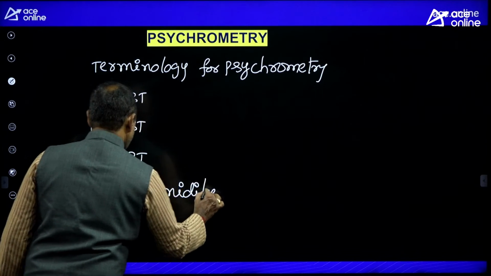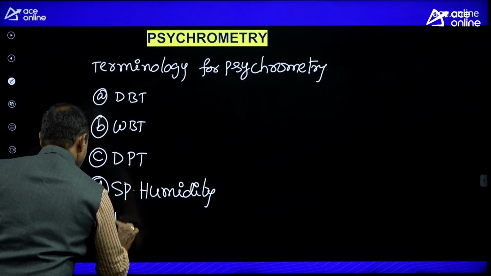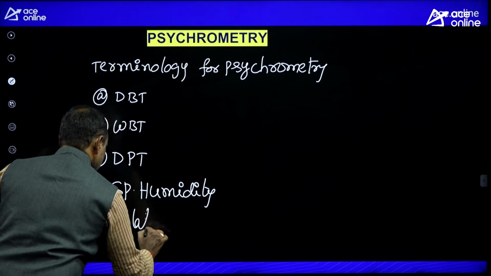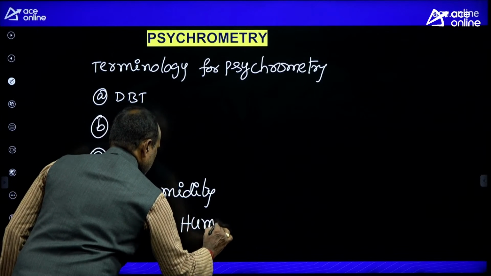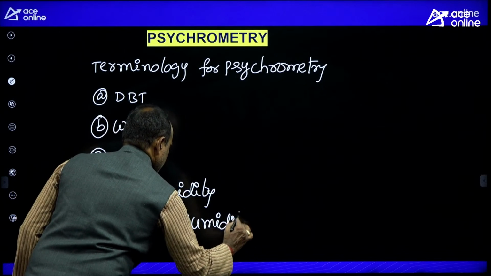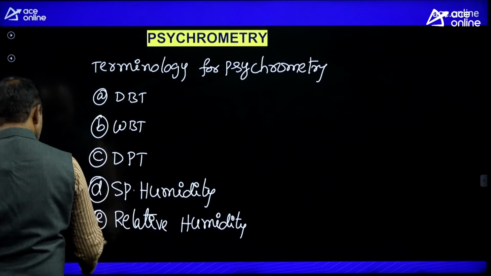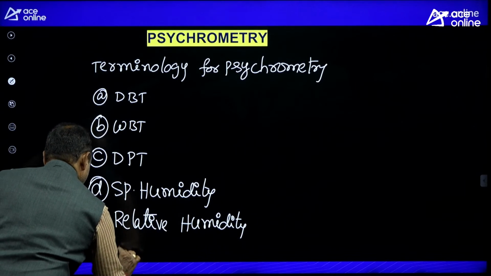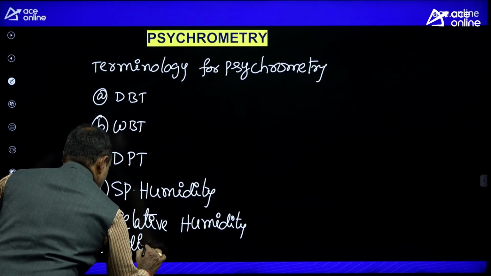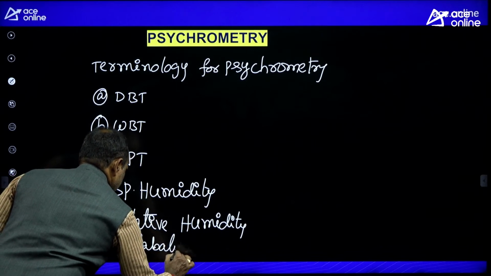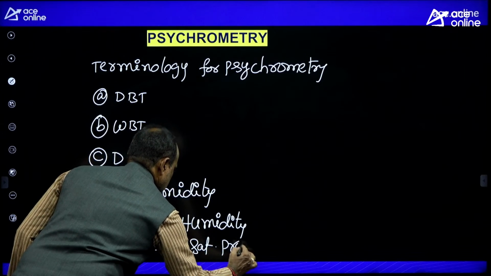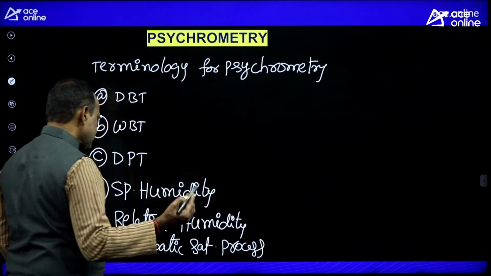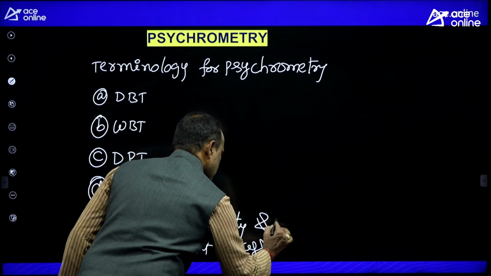Specific humidity, relative humidity, and adiabatic saturation process. Try to practice relative humidity and degree of saturation also.